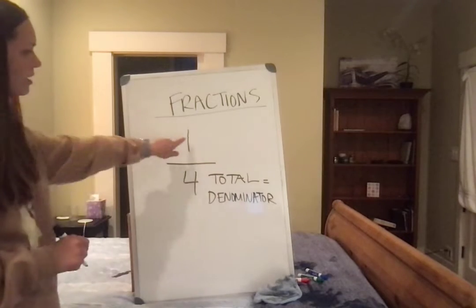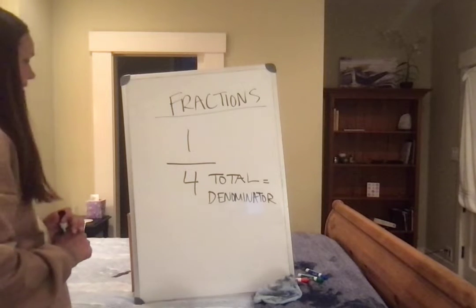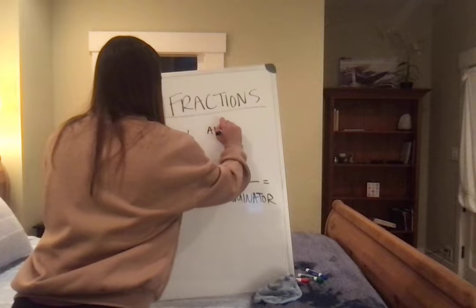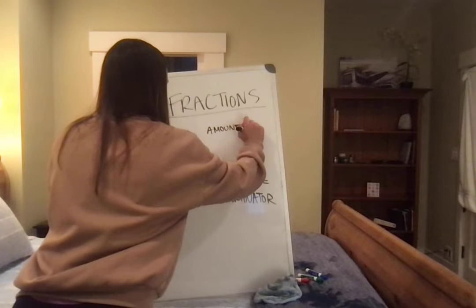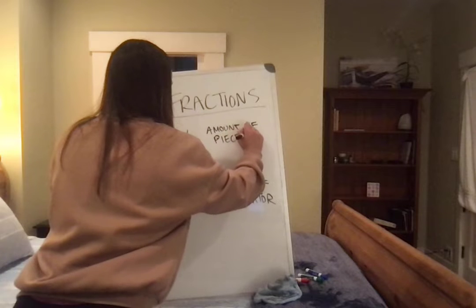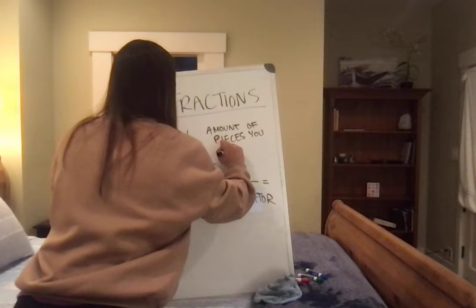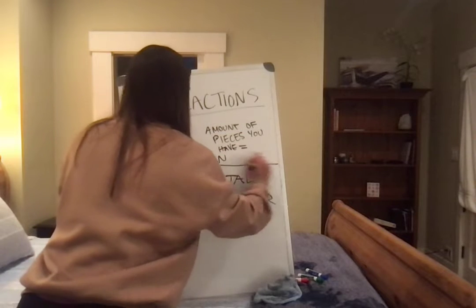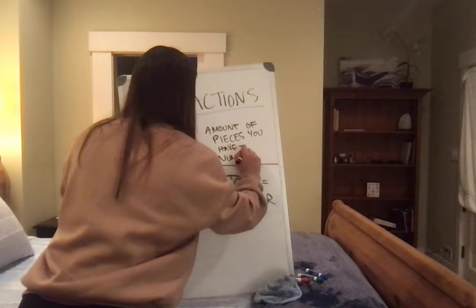Okay, the one on top is the amount that you have. That's called the numerator.